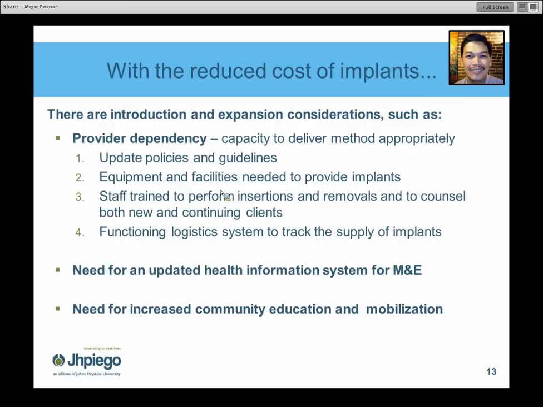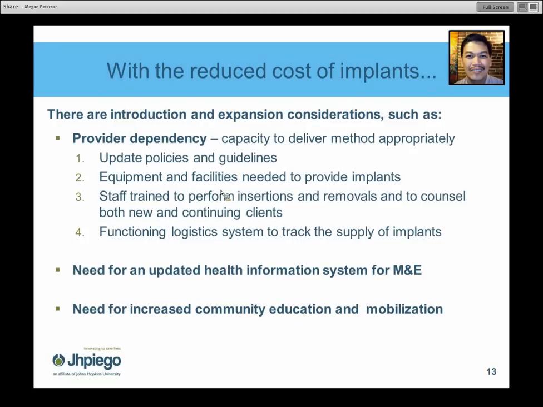While Norplant was available in the past, it has been a long period of time when providers as well as trainers have not been trained on a regular basis on the use of implants, particularly with the newer implants like Jadelle as well as Implanon. In some countries you have Sino-implant 2, in Indonesia you have Indoplant 2.